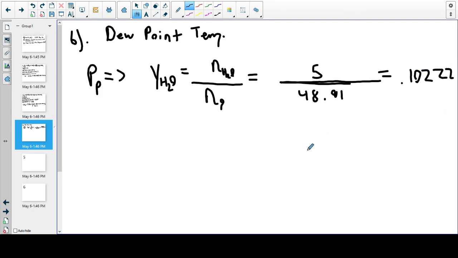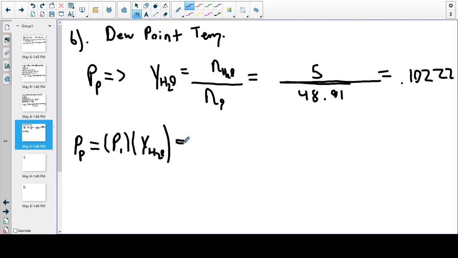And then from there, we move on to the partial pressure. The partial pressure is equal to the pressure that we have, so our P1 value, which in this problem is 1 atmosphere. We're just working under that assumption. And it's times the mole fraction of what we're working with, which is H2O.